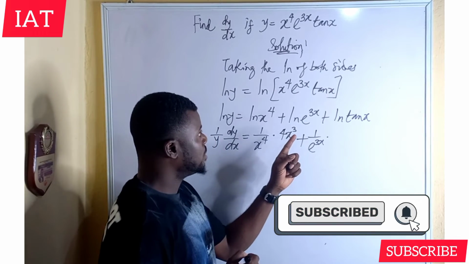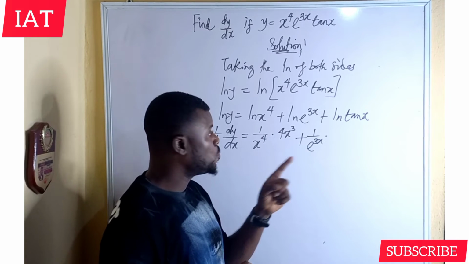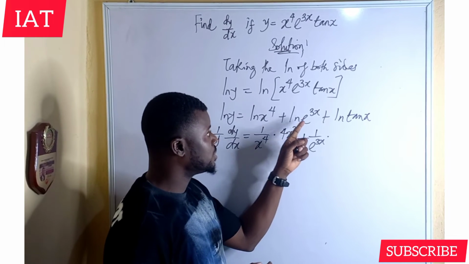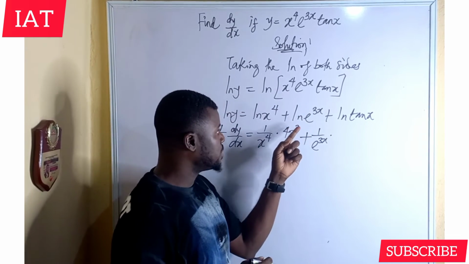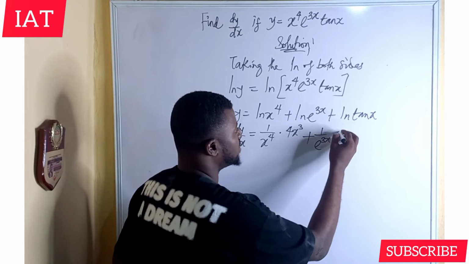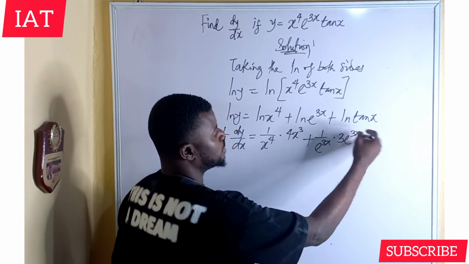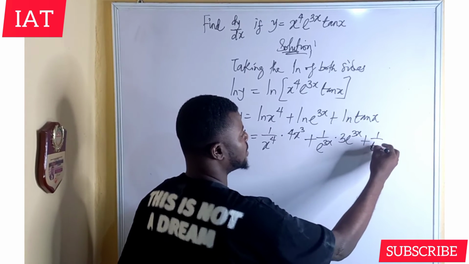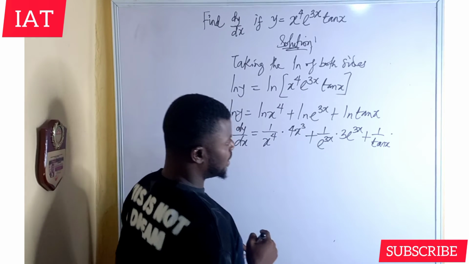And remember, when you differentiate exponential x, the result is exponential x. But when you differentiate exponential 2x, you have 2 exponential 2x. If it is exponential 3x, you have 3 exponential 3x. Take note of that.